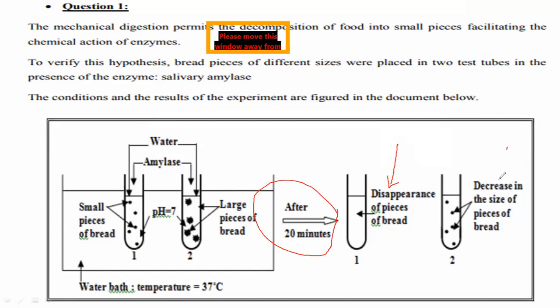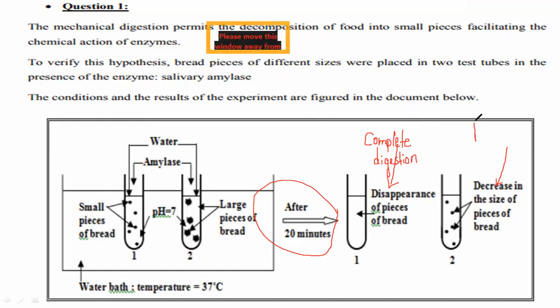They become smaller. So here we have digestion, but it's not full digestion. That's why we call the first one complete digestion. Why is it complete? Because there is no more bread; the bread is digested completely.